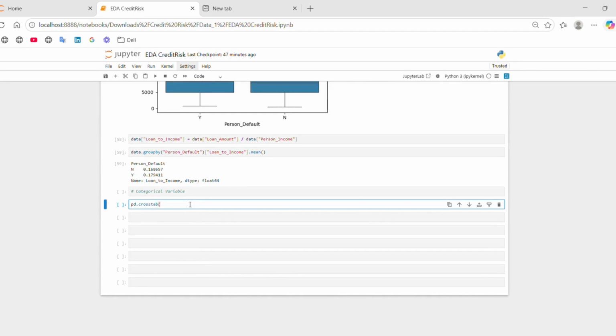We'll plot a cross tab between the loan grade and the target. So here what exactly are we doing? We are doing a bivariate analysis on the categorical variable. In bivariate analysis, it is important that the other variable should be the target variable, and our target variable is person default.